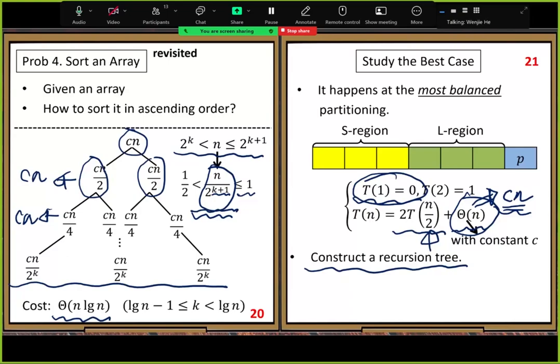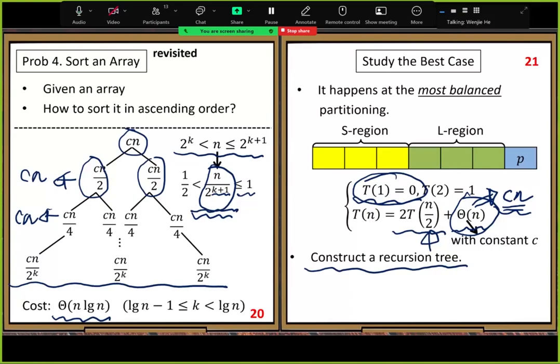You use the special n, a power of 2, to give you a good guess. Then you use mathematical induction to prove it is correct. Verification. That's the mathematical way.